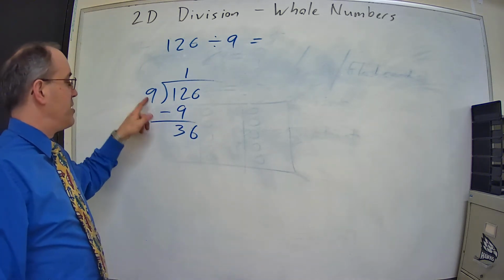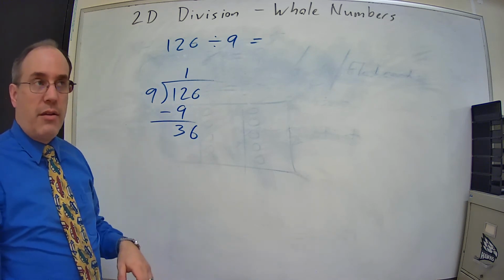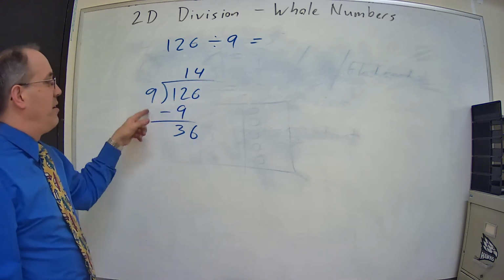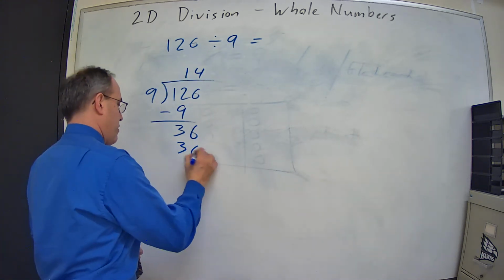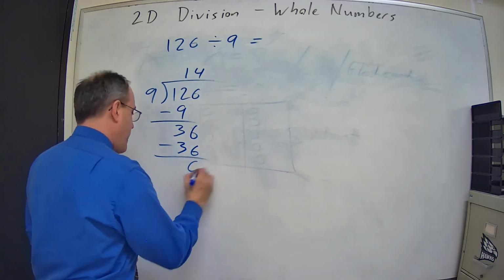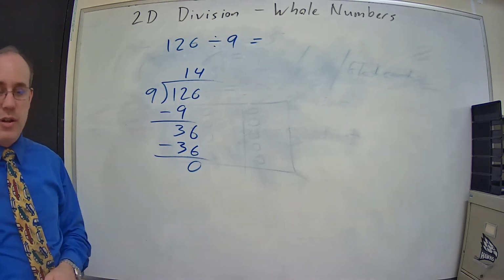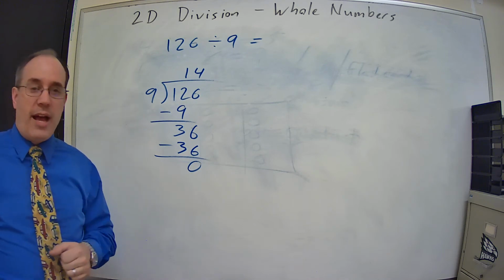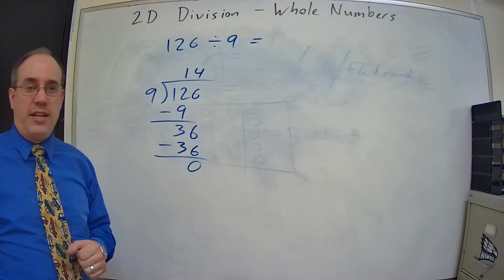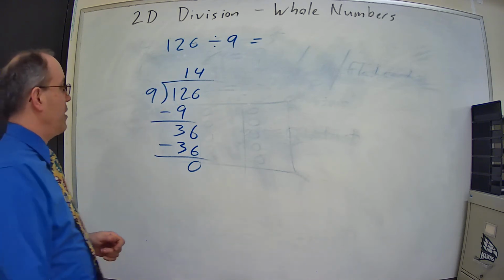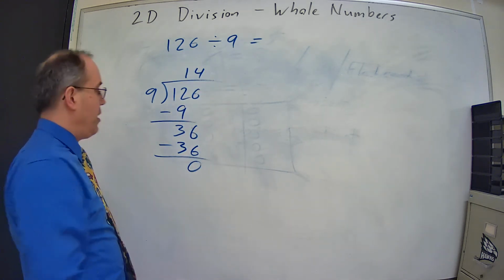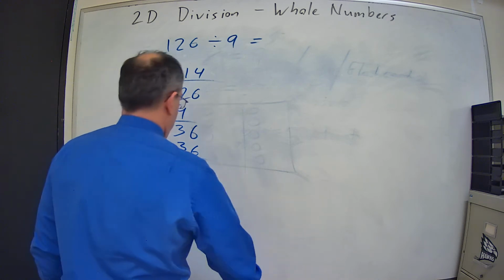How many times does 9 go into 36? 4 times. 9 times 4 is 36. So I subtract and I find out I have nothing left over. So 126 divided by 9 is 14. So the method is pretty straightforward. It's just a process that we go through.